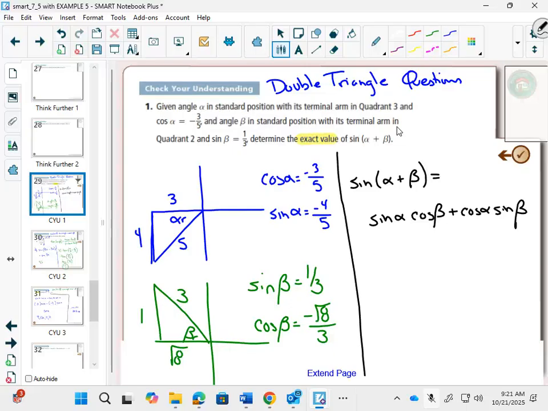Now from our double triangles, we've already collected information. One of the reasons that students really like this question is it's not hard to draw the two triangles, and now you just have to plug things in and simplify. However, there is an interesting thing that happens in the next step.